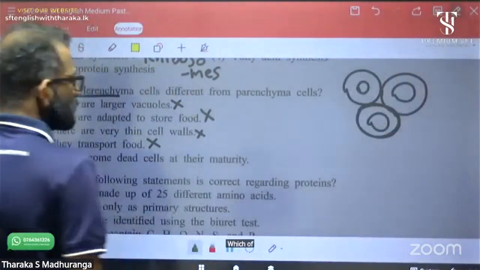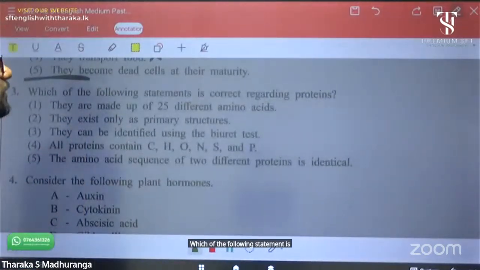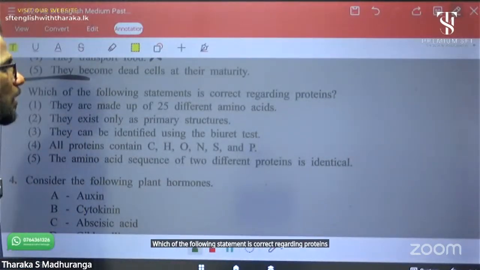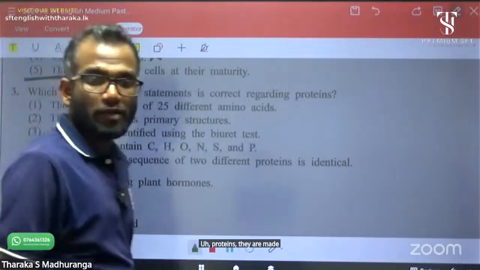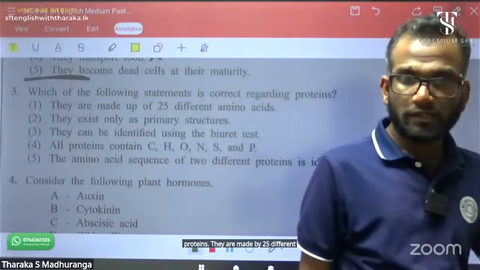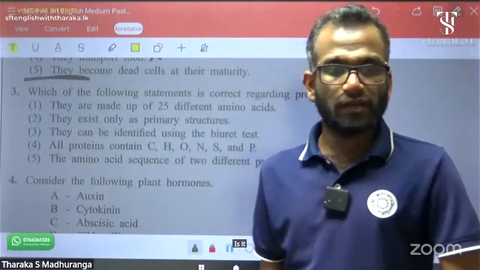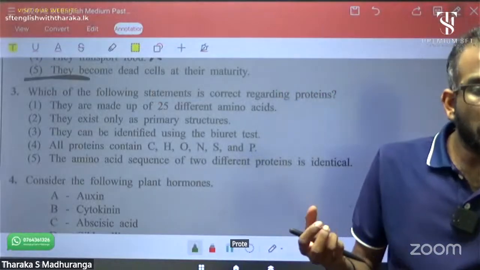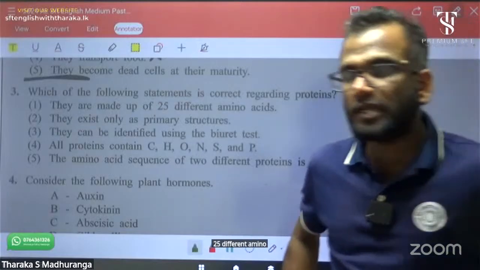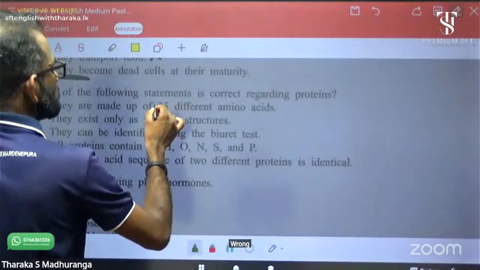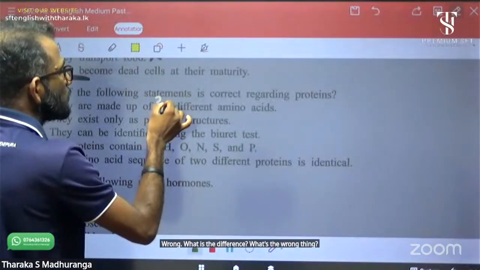Which of the following statements is correct regarding proteins? Proteins are made by 25 different amino acids. Is it correct? Completely wrong. What is the wrong thing? It is 20 different amino acids.